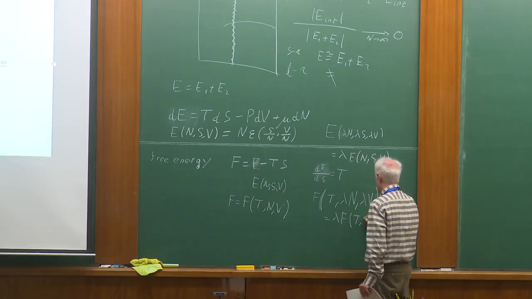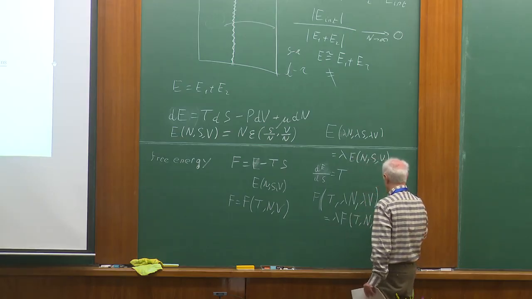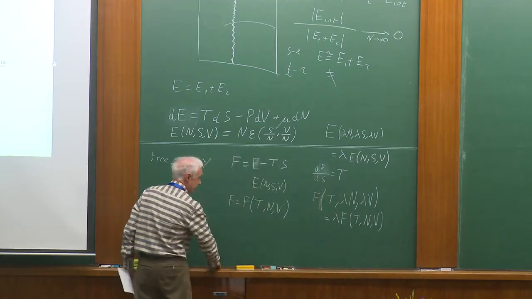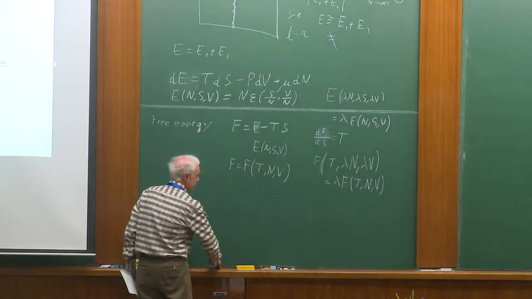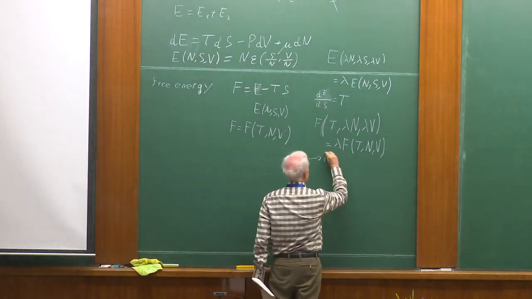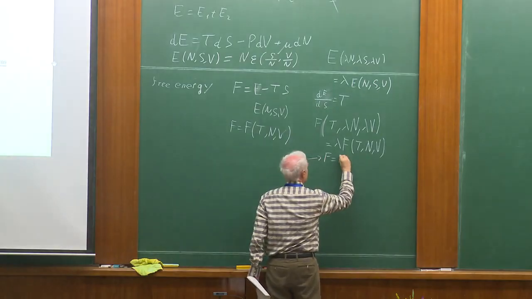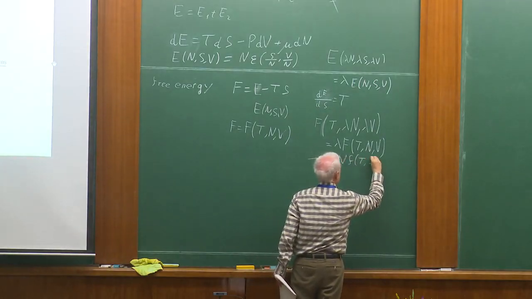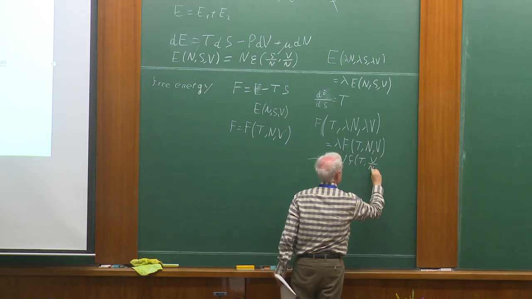So also in this case you have the property of linear homogeneity, and as a consequence F will be N times a function of T and V over N.